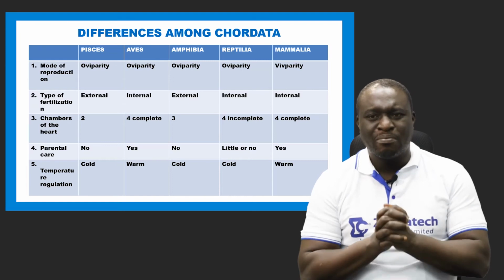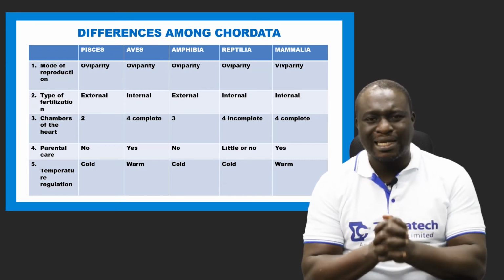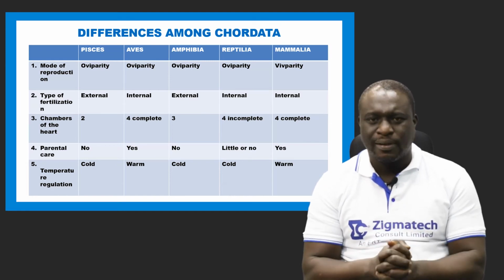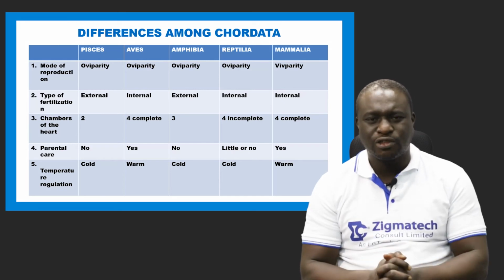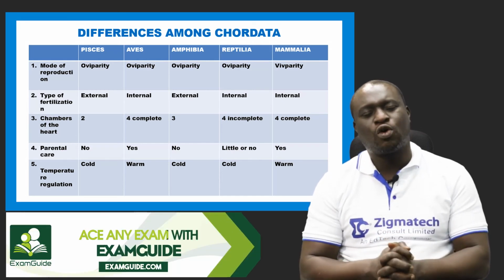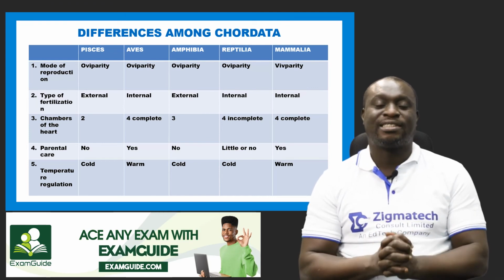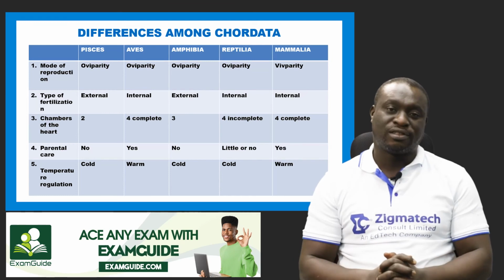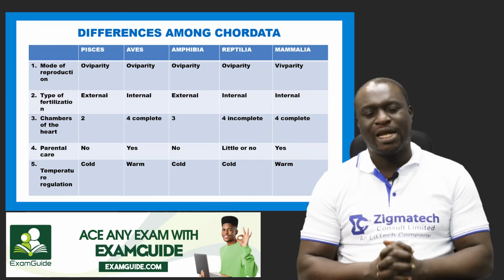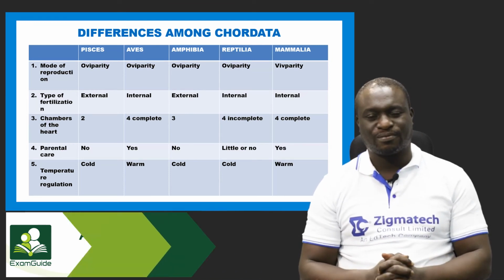Let me repeat it again. Pisces undergo external fertilization. Aves undergo internal fertilization. Amphibians undergo external fertilization. Reptiles undergo internal fertilization. And mammals also undergo internal fertilization.